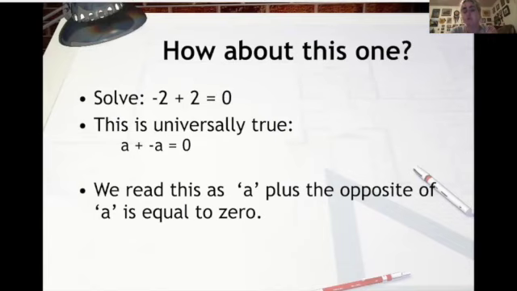This is universally true. A plus -A equals 0. We read this as A plus the opposite of A is equal to 0. So when you add a number to its opposite, it always equals 0, no matter what.